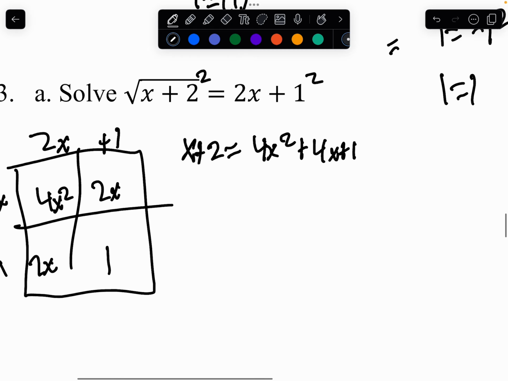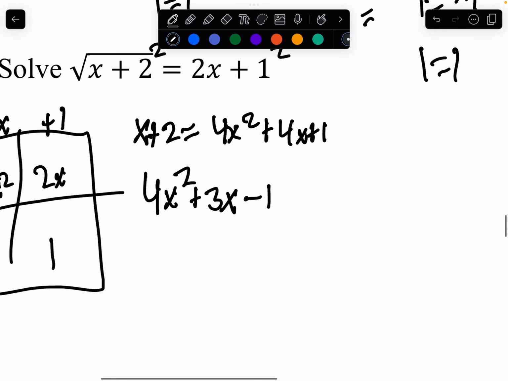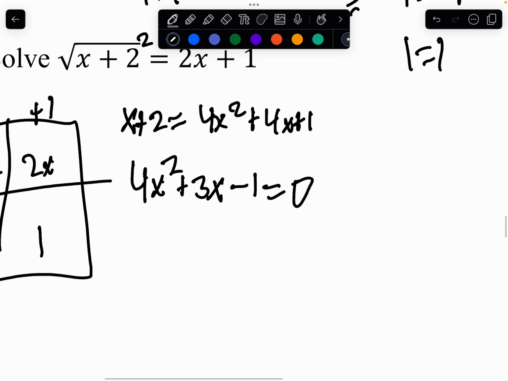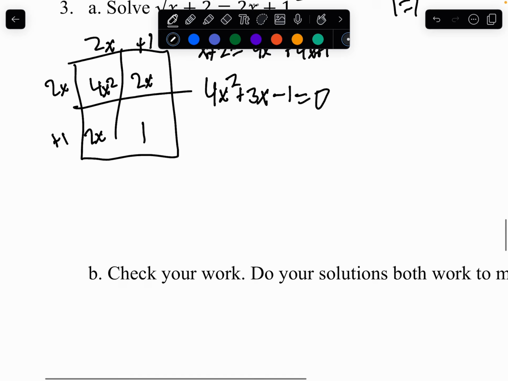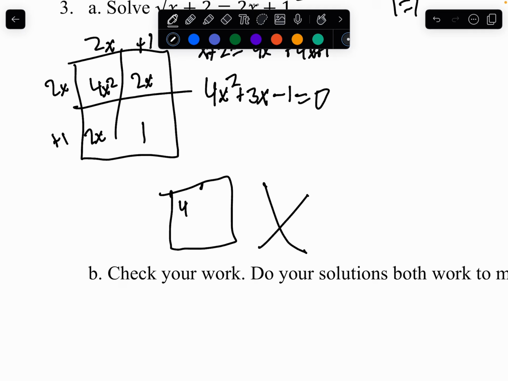Now I can subtract x and 2, so we get 4x squared plus 3x, and subtract 2, so minus 1 equals 0. Now we can factor this, so I'm going to draw my box, and that cross: 4, negative 1, negative 4, and 3.